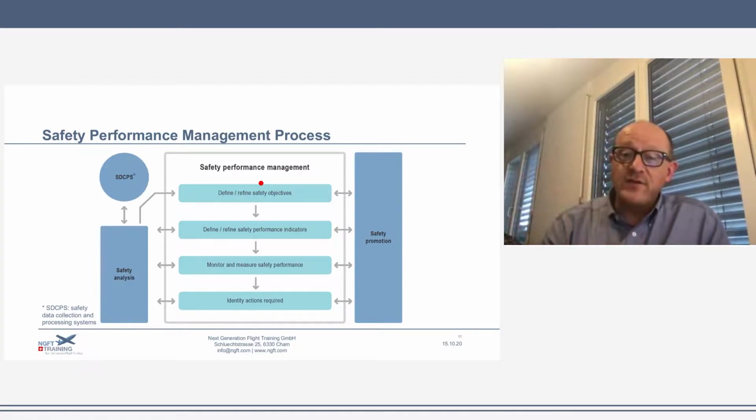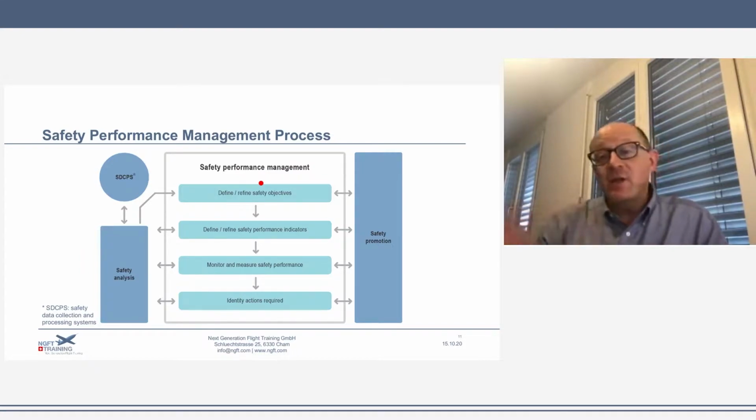You define your safety objectives, you define your safety performance indicators that you believe will actually measure some action or process or data in your organization that will help you to obtain the safety objectives. And you measure the safety performance and you make any kind of changes if you're not on track.